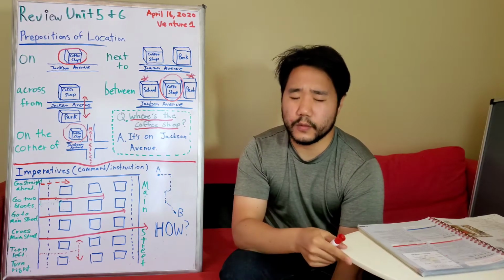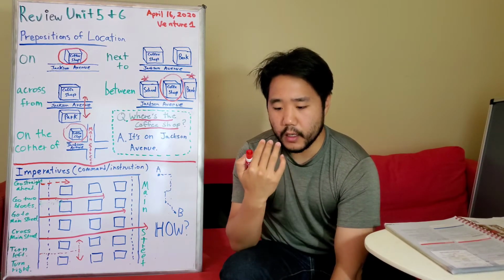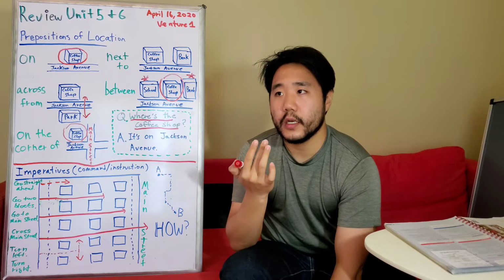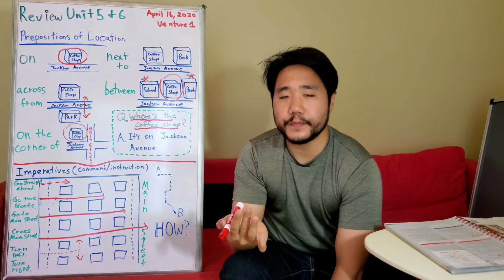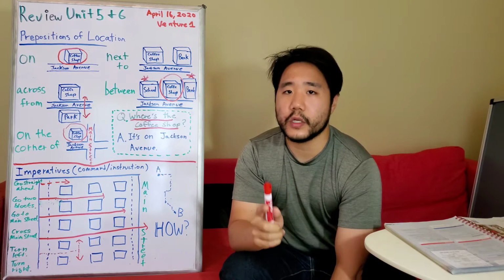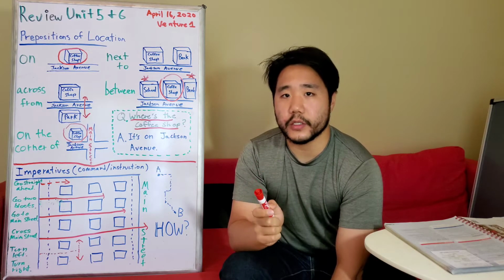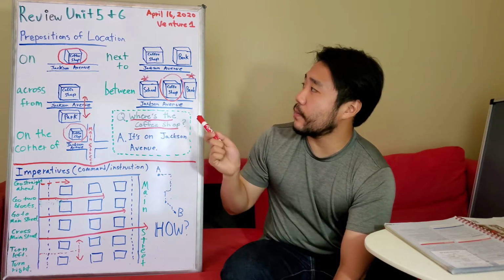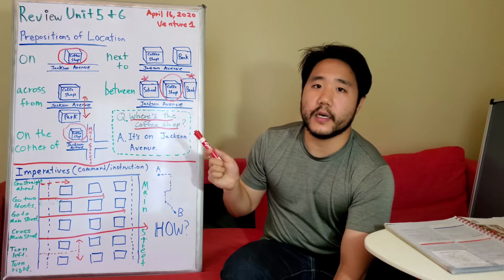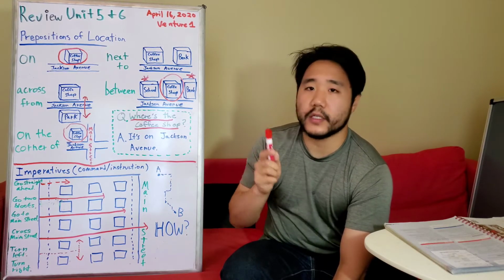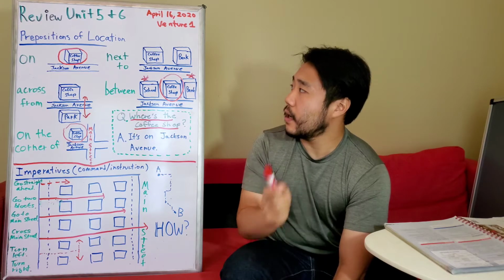And in order to identify its location, we have to use prepositions of location, which is shown in the whiteboard, and we'll get into this a little bit later after I tell you about number three.